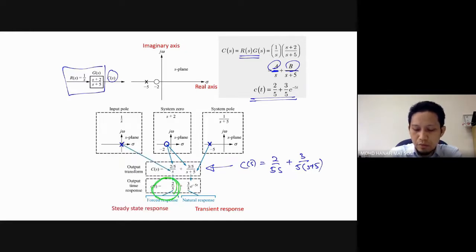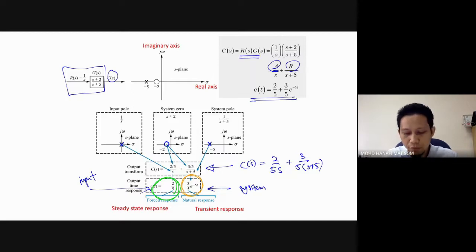The forced response is contributed by the input into the system, and the natural response is the response that is due to the system itself.